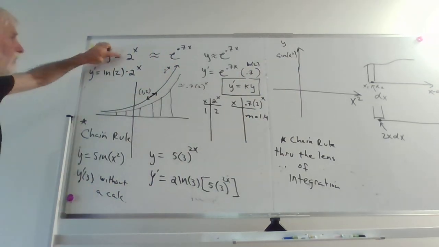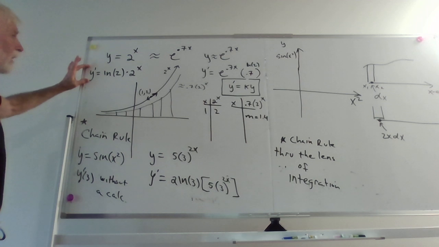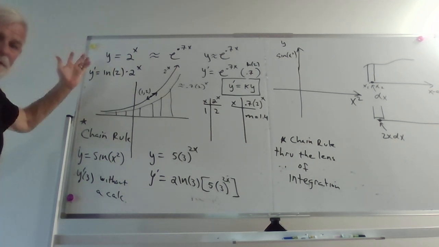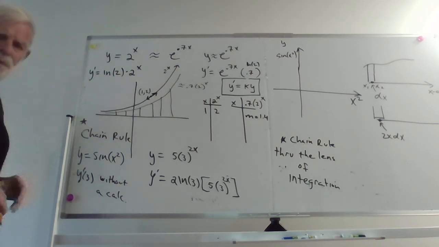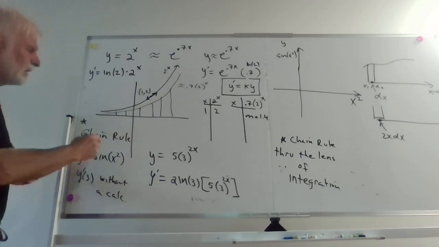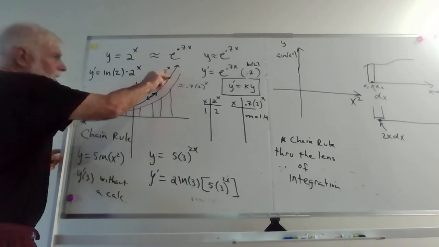So the derivative of 2 to the x is, y prime is ln of 2 times 2 to the x. Well, let's think about this number, 0.7. That's telling me that I'm taking 7/10 of this function.